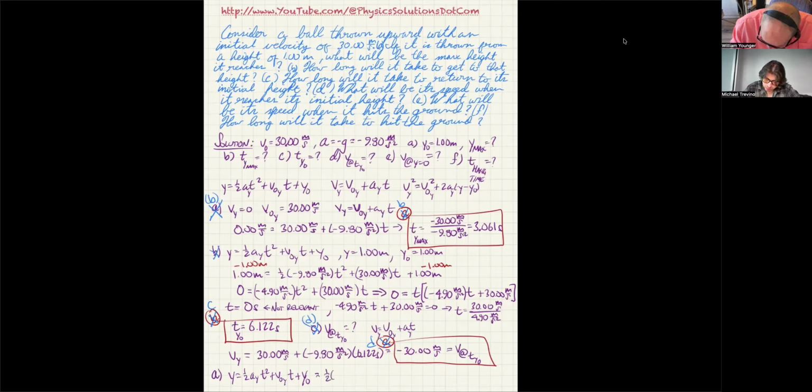So I can plug in these numbers. It's going to be one half times negative 9.80 meters per second squared times, in this case, we figured out that the time required for it to reach the max height was 3.061 seconds, squared, plus 30.00 meters per second, the initial velocity in the y direction, times 3.061 seconds, and then plus 1.00 meters.